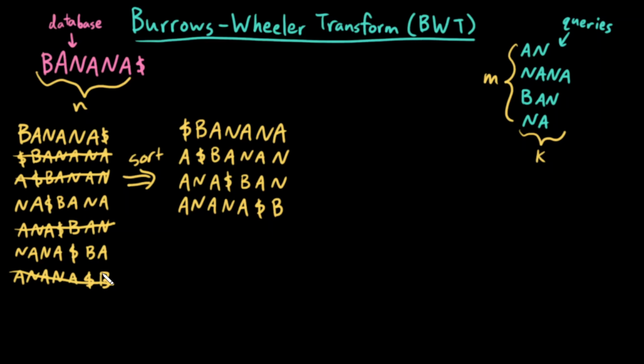Now the next alphabetical order is B. There's only one rotation that starts with a B, so that's the next one: banana$. Okay. Next is N. There's two that start with N. na$ versus nan. na$ is smaller. So I get na$bana.